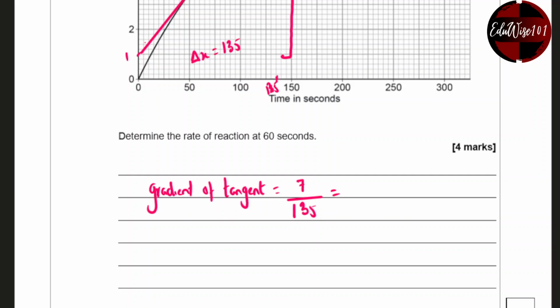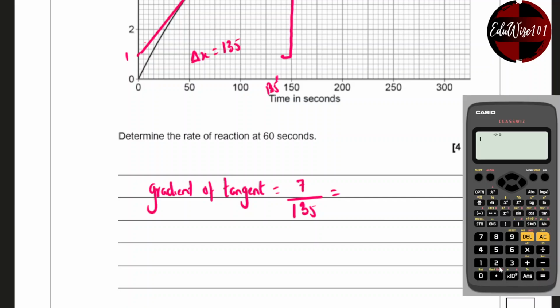So let's bring in the calculator for this. 7 divided by 135 gives me 0.0518. Round it off to 0.052 moles per second.